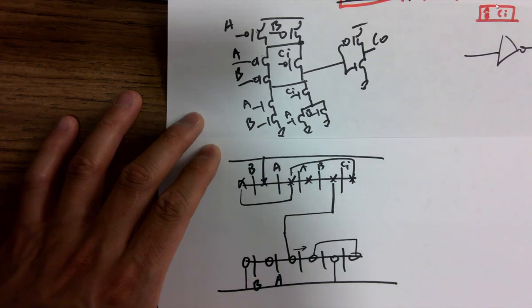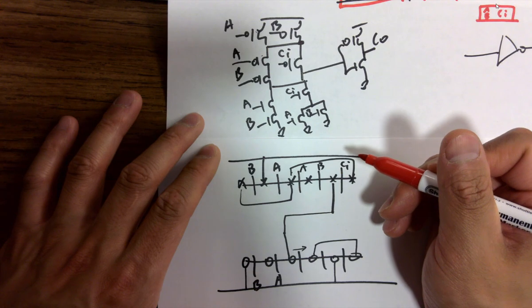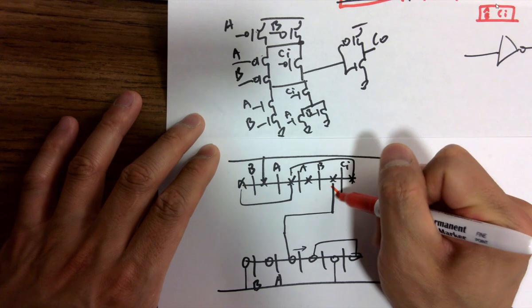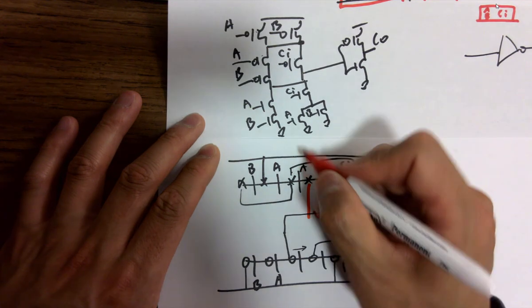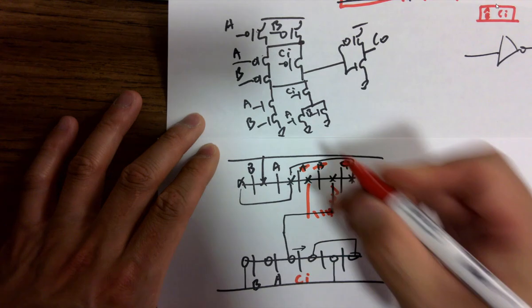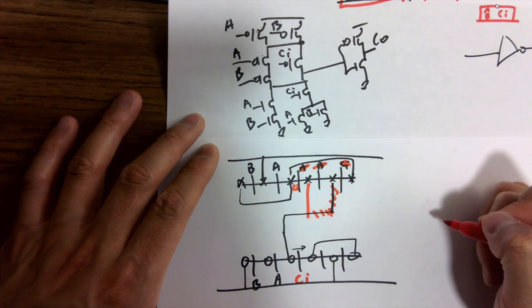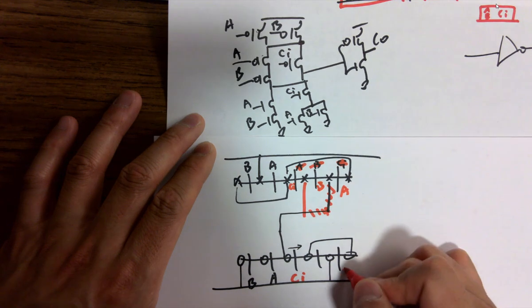I just change this right here. So in that case, this is CI aligned, and AB like this, and AB like this.